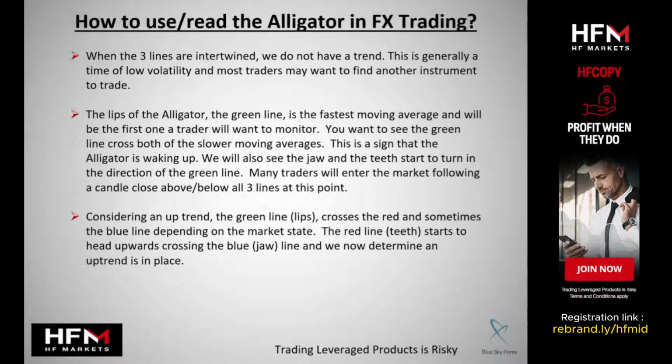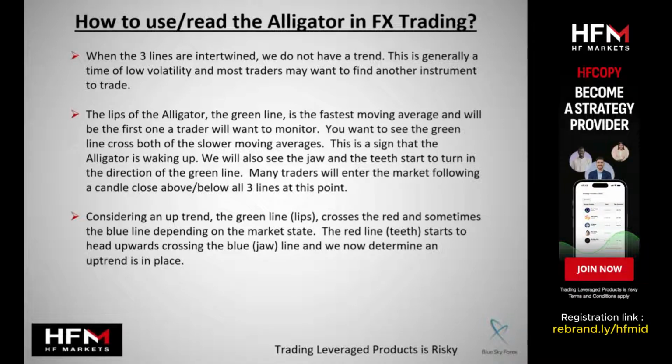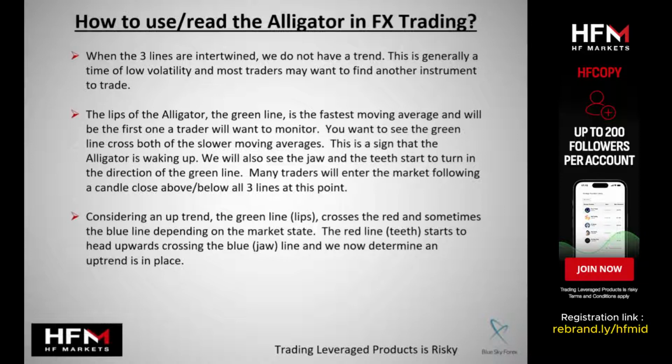The very first thing that you should keep an eye out for would be the green line, which is the fastest moving average. That's the line for the alligator's lips, metaphorically, and that's the one you should be monitoring first. If you see the green line, or the lips of the alligator, cross both of the slower moving averages, the teeth and the jaw, then this is a sign that the alligator is probably waking up slowly, right?